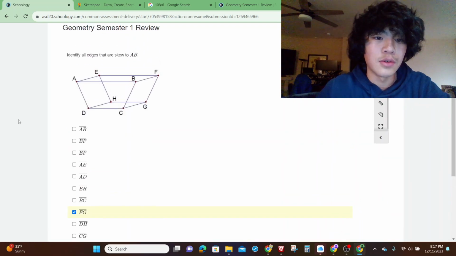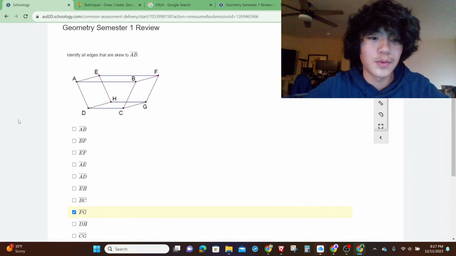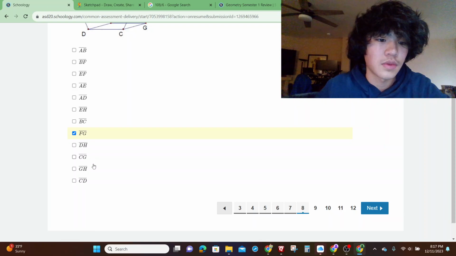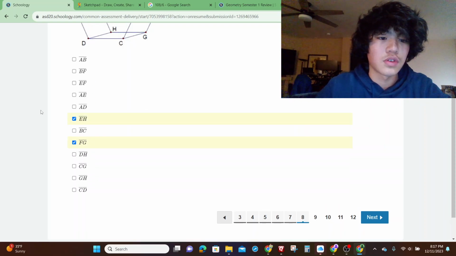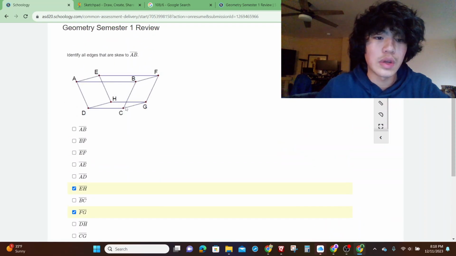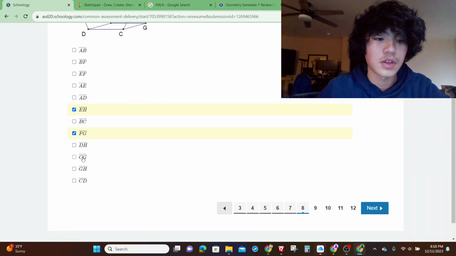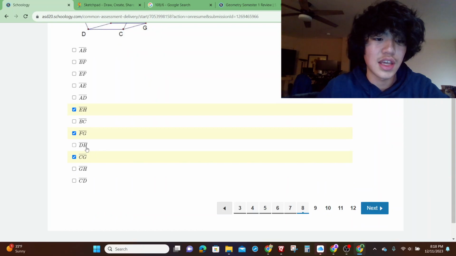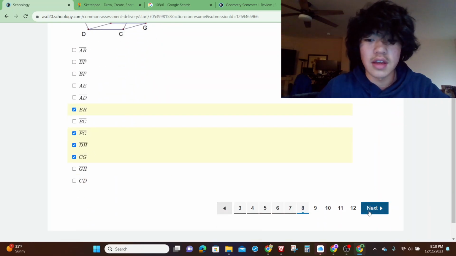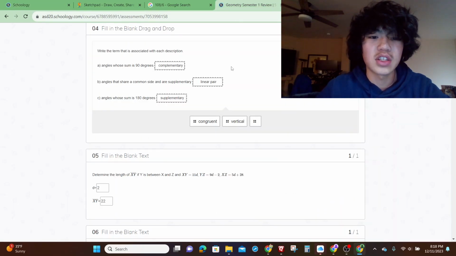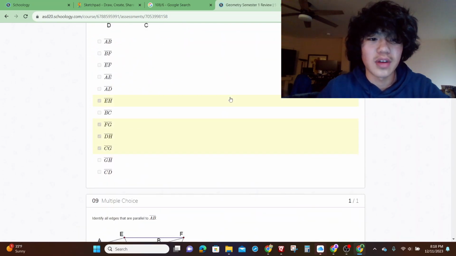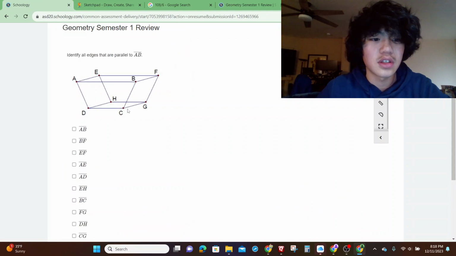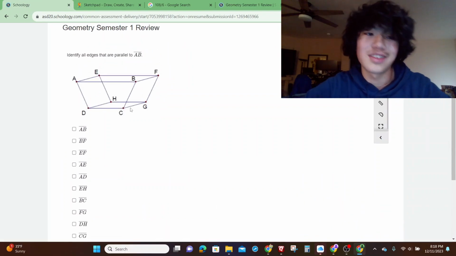So that's skew to AB. We have EH, skew. We got GC, or CG, and we got DH. Now we can move on. Let's just make sure that's right. Yeah. EH, FG, CG, DH. Alright, I'm a genius.